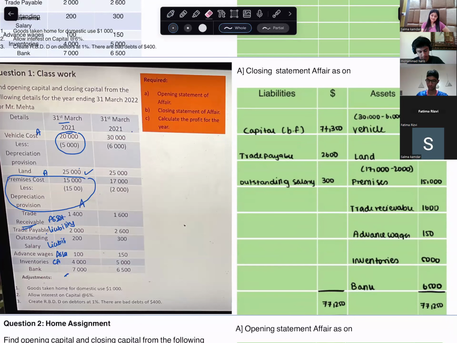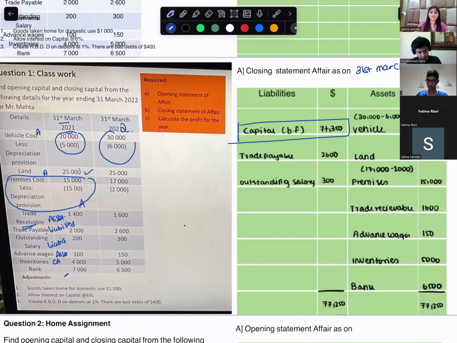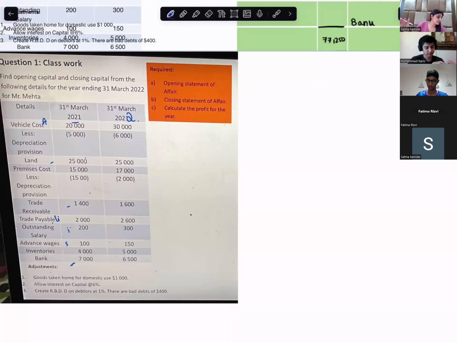So assets minus liabilities would give you your capital balance on the last date, 31st March 2022. Come on, make it. Fatima, are you with me? Yes, miss.